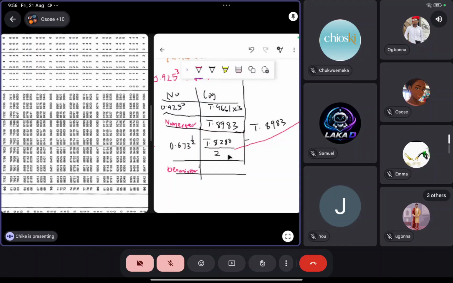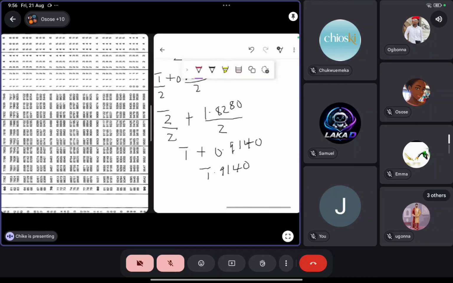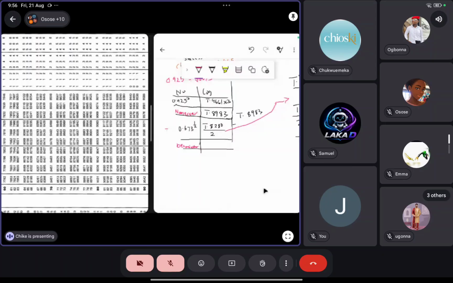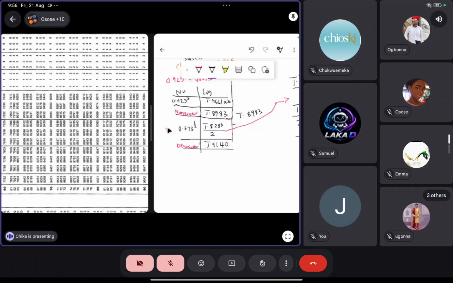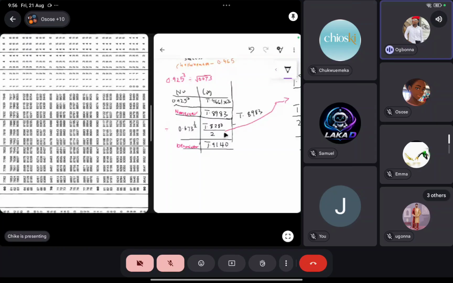When I divided this, it gave me bar 1.9140. So let's bring that here. It is numerator divided by denominator, right? Numerator is this, divided by changes to minus, then denominator is this.